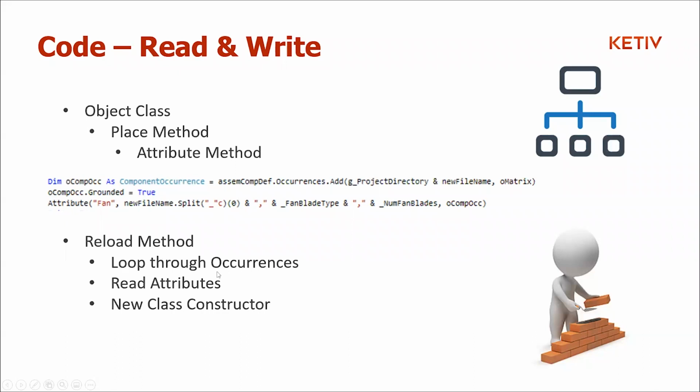Once we grab an occurrence, we're going to read the attributes off that occurrence and get all the information that we need. We're actually going to make each of the different parts, the fan, base, and the grate. And then we're going to pass that into a new class constructor. This is one thing we didn't really show in our last object-oriented programming session: building multiple constructors for different ways that you come about making a class. So let's go and look at it.